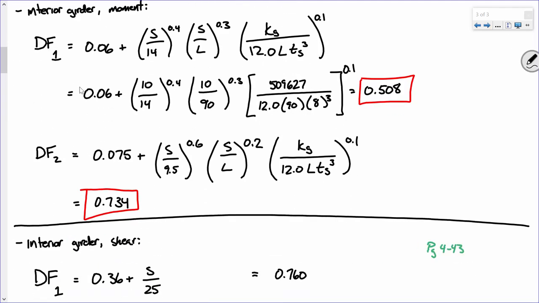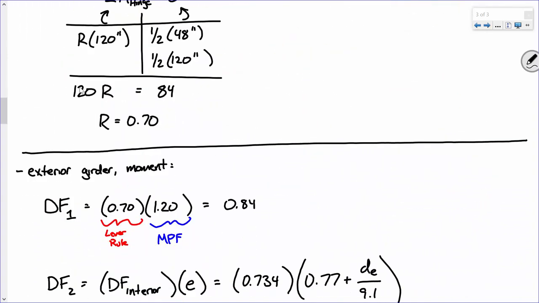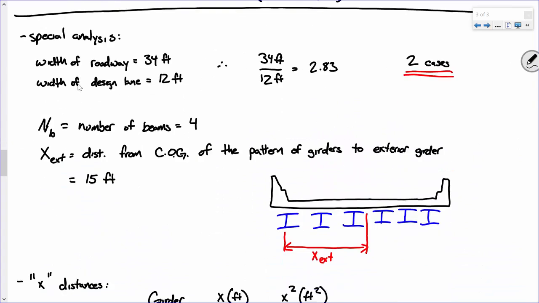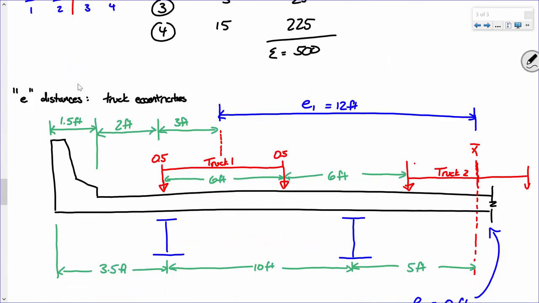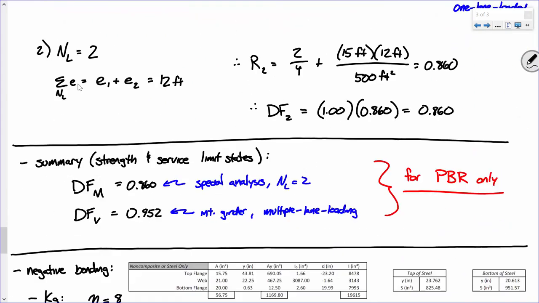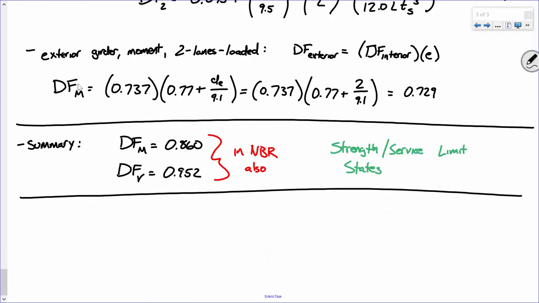So 0.508, we're looking at moment. 0.84, right? Distribution factor, exterior girder, one lane loaded. Special analysis, what was that, 0.732? Right? And that's probably it, right? 0.51. So the largest one we got was 0.84, right? That's the largest one for one lane loaded.